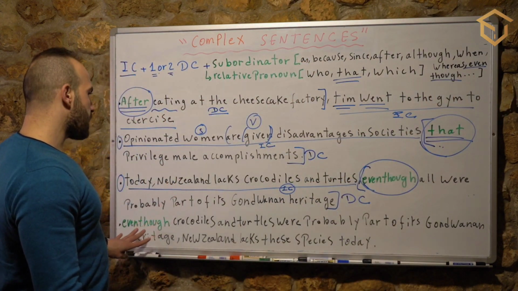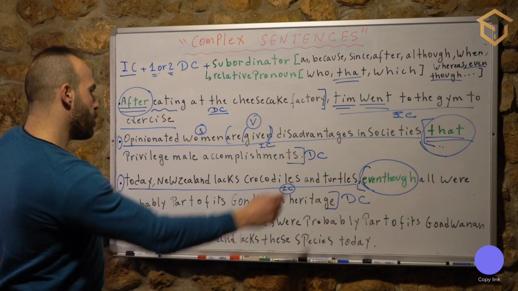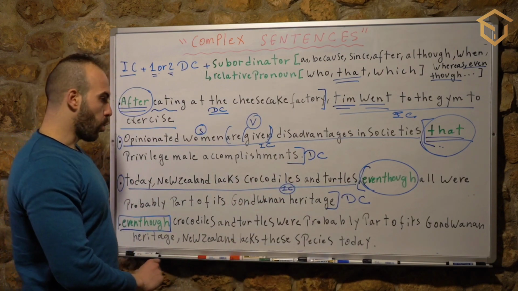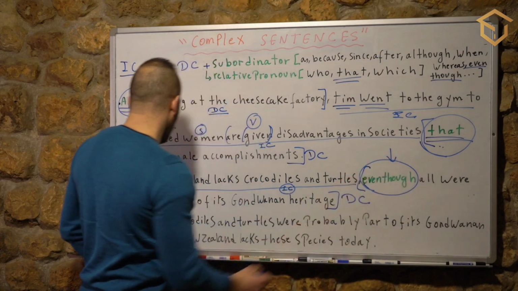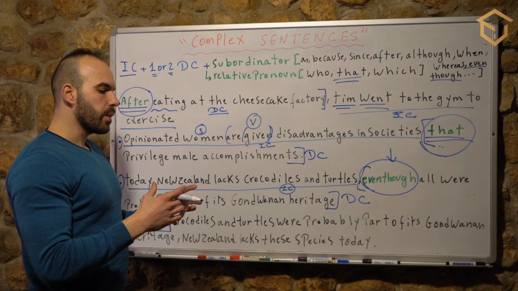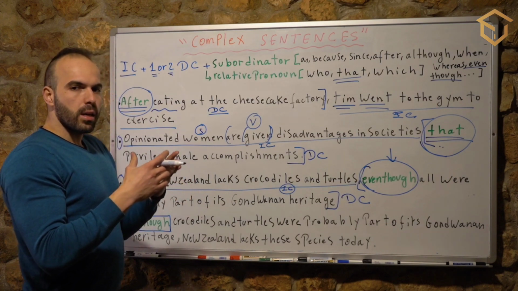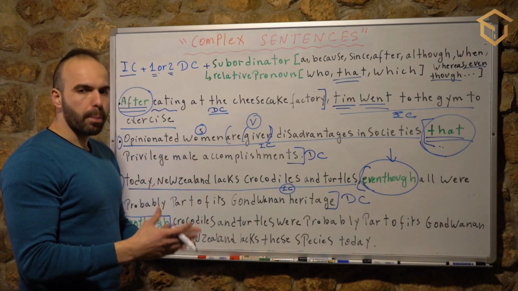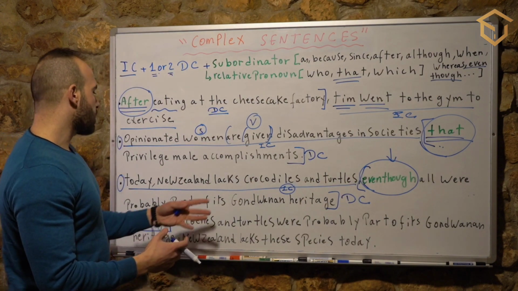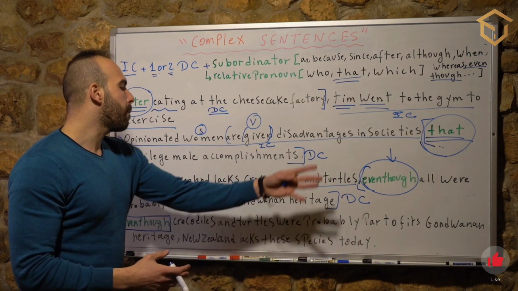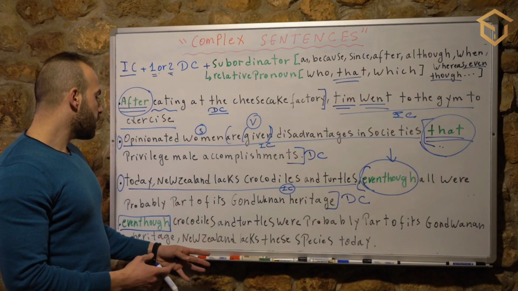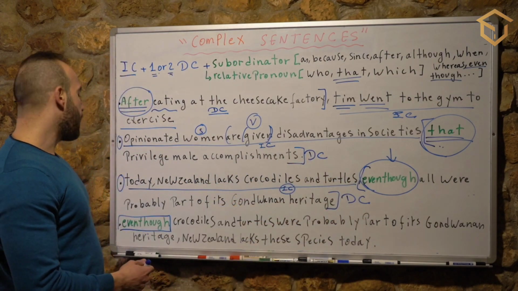The other example is where we use the subordinator at the beginning of the sentence. Okay? So you can use it in the middle or at the beginning, as long as it still expresses a very powerful meaning. "Even though crocodiles and turtles were probably part of its Gondwanan heritage, New Zealand lacks these species today."